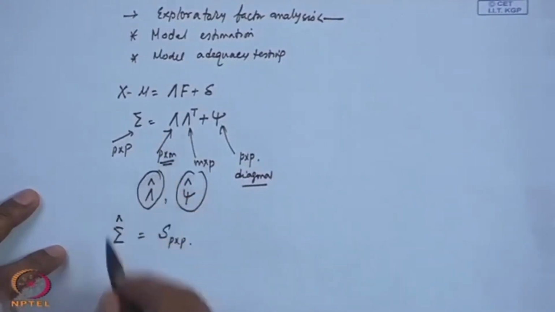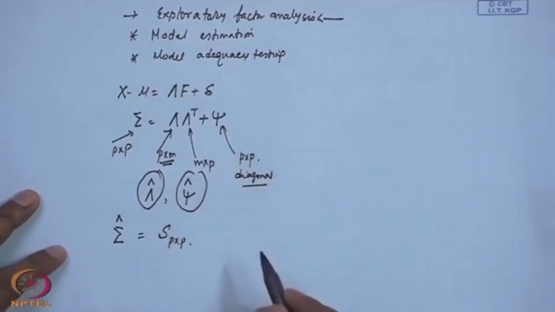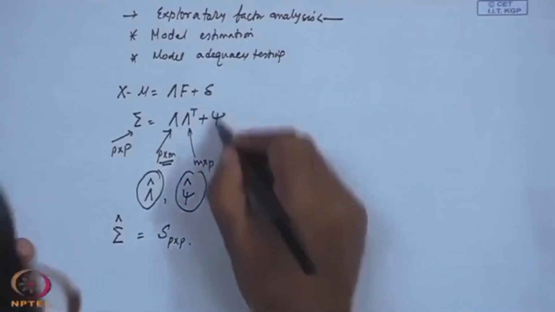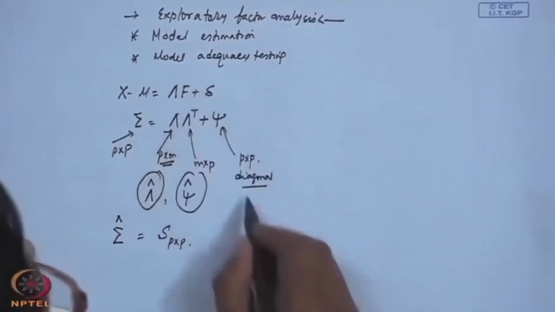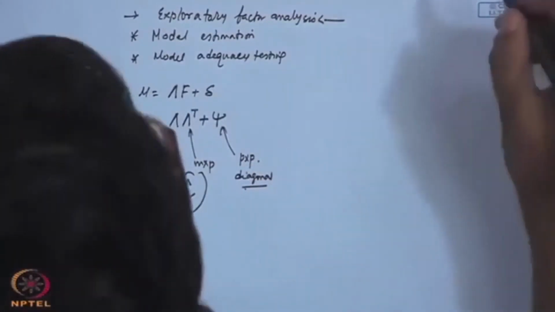One is P cross M, another one is P cross P, but where this error term or specific variance term is diagonal.